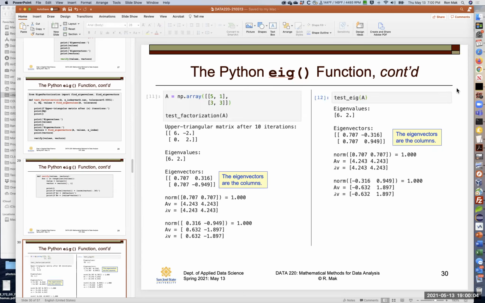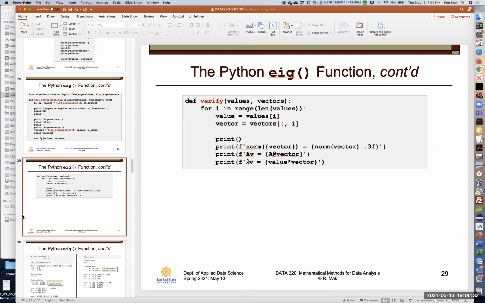Now if we use EIG instead, we get the same results. The eigenvalues are 6 and 2, and we get the eigenvectors, which we can then normalize, and we end up with the same values, but with a lot less work, because all we had to do was call the EIG function.